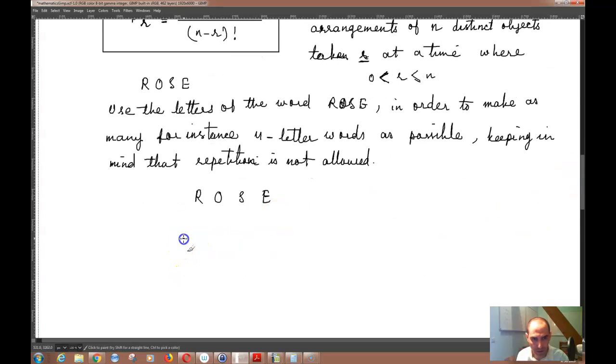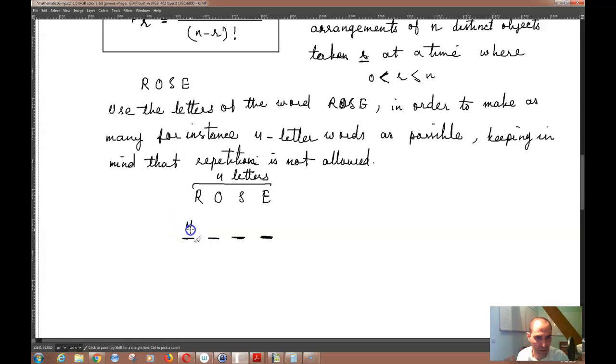So that means that you have one placeholder here, another placeholder, another placeholder, and another placeholder for the 4 letters. And so since you have 4 letters here, of course you would be able to fill this placeholder with 4 different letters.